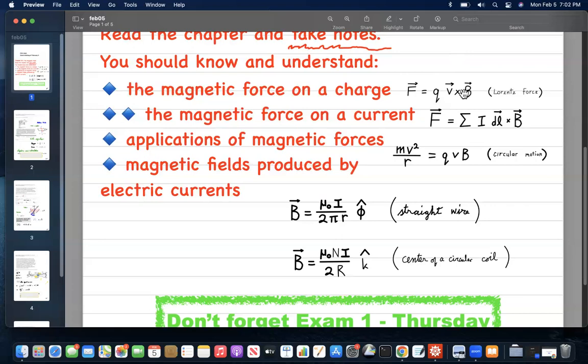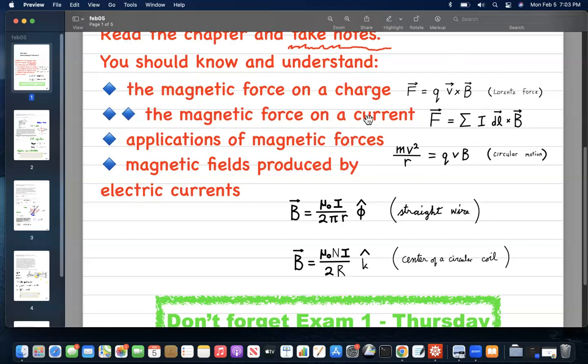So unlike the electric force, which just depends on a charge, the magnetic force depends on the charge times the velocity, which is sort of like the current. So it's a current-dependent force.